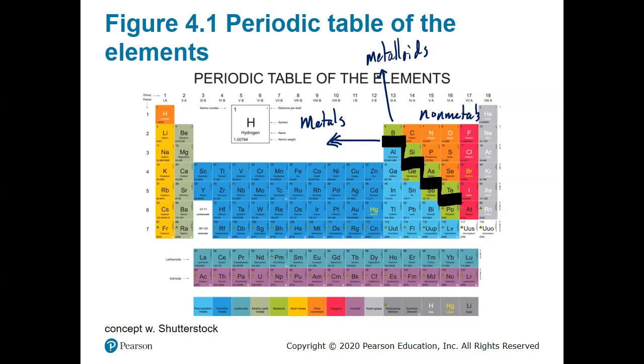So on your table, you already have that information kind of stashed in there. You might want to go over it again just to kind of highlight it a little bit more deeply. But that's what that black line that seems to be a little bit thicker than the others represents.